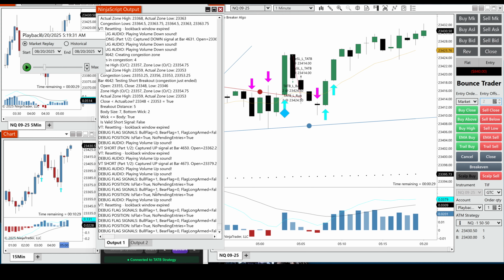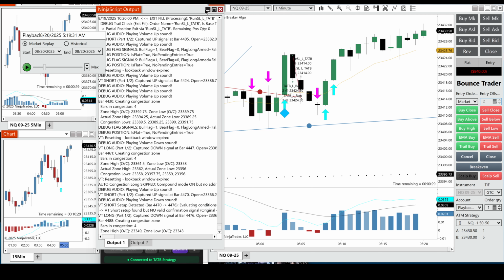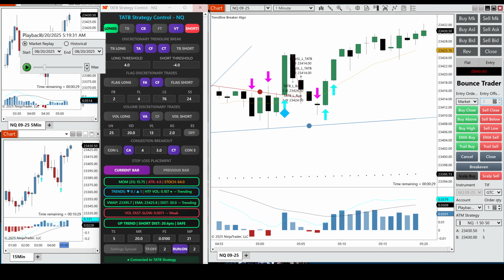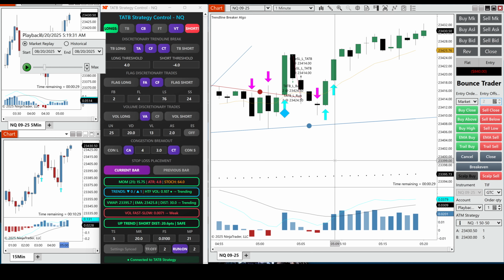I think it happened so fast that it wasn't able to print. It was probably a trend line break. Let's continue. Well, actually no. We didn't select trend line.